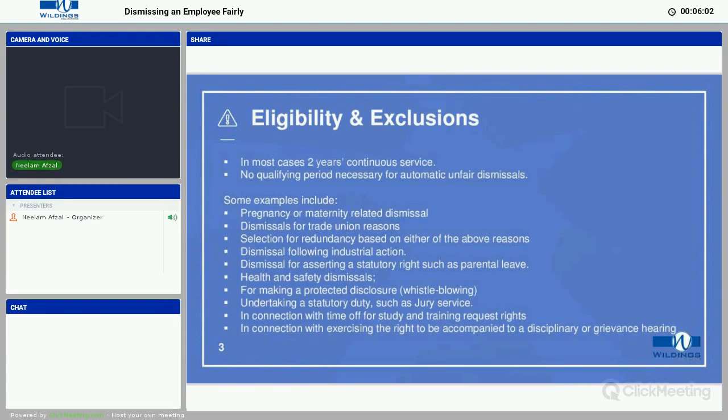There are some exceptions to this rule. In certain circumstances, employees don't need to have the 2-year qualifying period. And these are just some of the examples that I've provided in this slide.